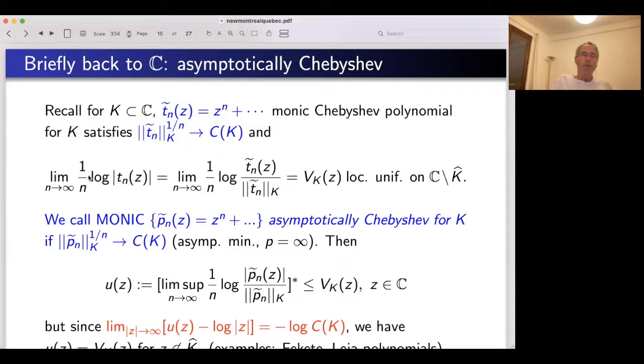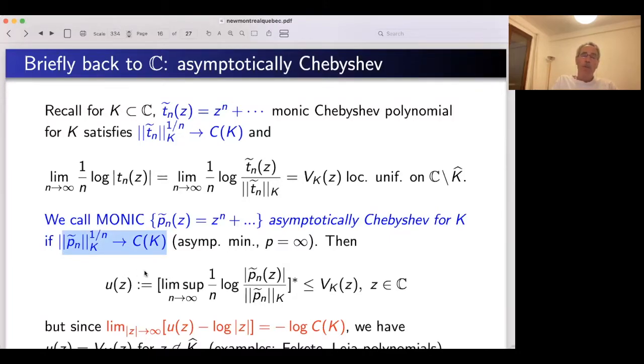Well, when you normalize them, 1/n times the log of T sub n, these guys go to this extremal function locally uniformly outside the polynomial hull. But we'll call a sequence of monic polynomials P_n tilde of degree n asymptotically Chebyshev for K if they act like Chebyshev polynomials in the sense that the nth root of the sup norm of the nth guy goes to the capacity.